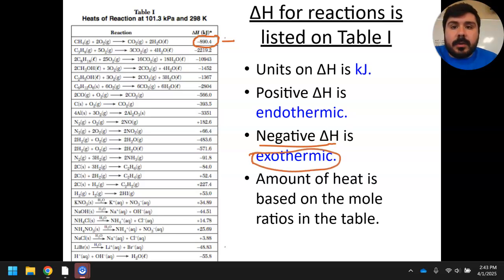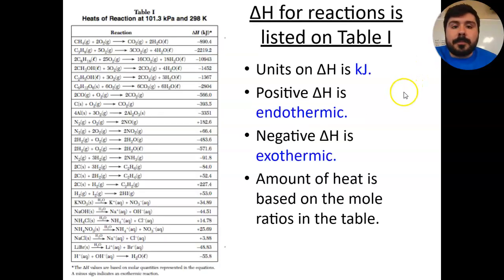Whereas on the flip side, if we look at a positive delta H value like this one right here, positive 182.6 kilojoules, a positive delta H value means we have an endothermic reaction. So this is what I was talking about not too long ago, where positive and negative values for delta H allow us to determine if something is an endothermic or exothermic reaction.